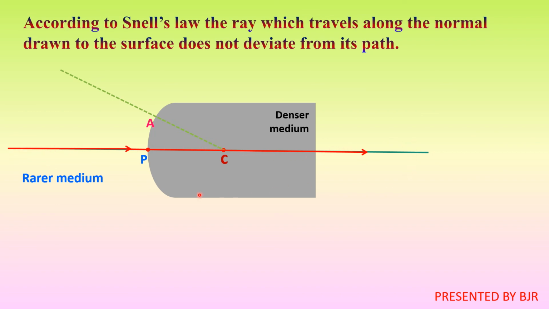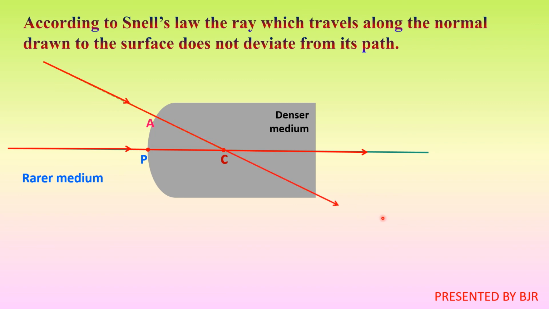According to Snell's law, here angle of incidence is 0, then angle of refraction is also 0. So here this ray won't get deviated. So any ray passing through normal will not get deviated. You take another ray also here.